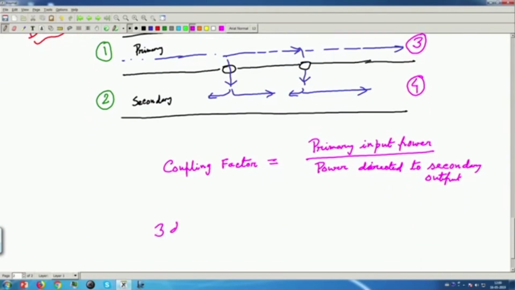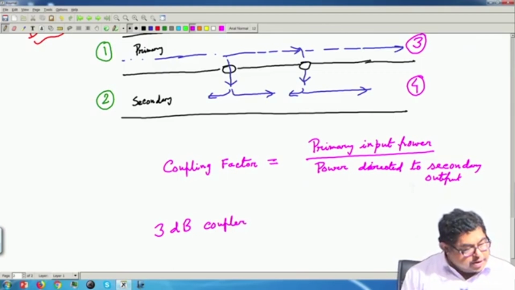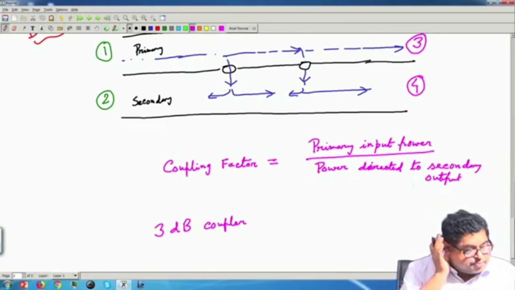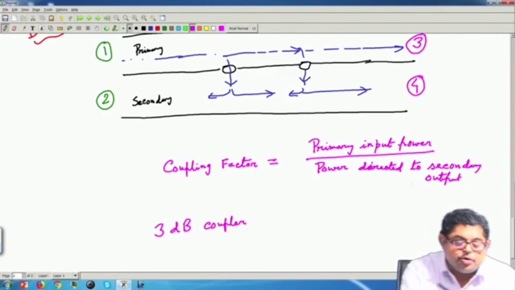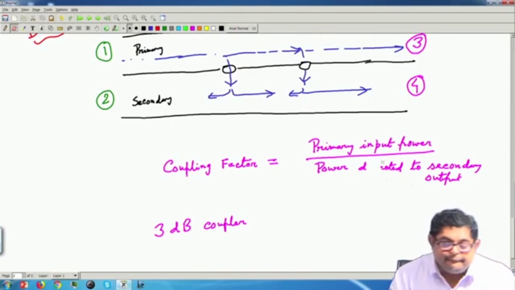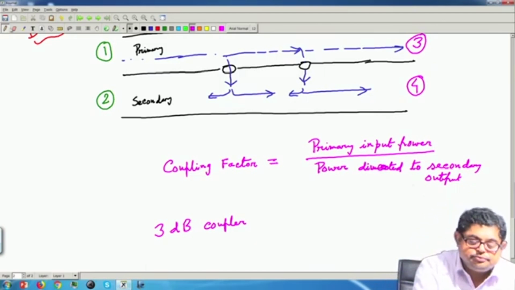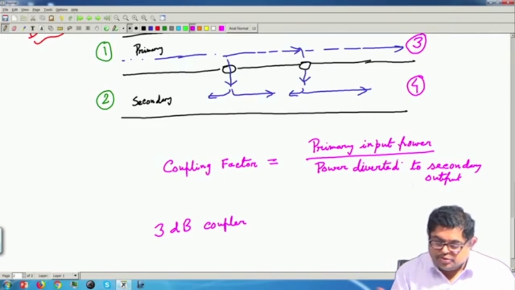So, 3 dB coupler means that the primary output power and secondary output power, to be more precise, it will be power diverted to this.